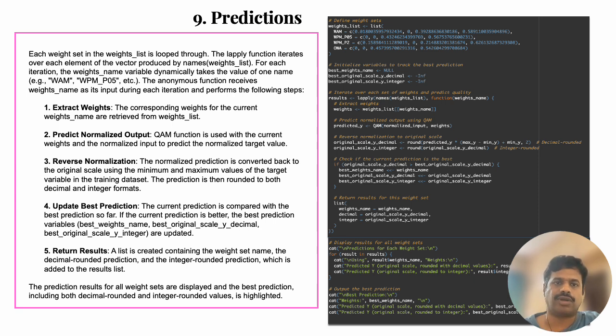For the predicted normalized output, again we do reverse normalization to get the original scale of the quality, and then we finally print the best model with its weights, the best model's weight name, and the decimal and integer values of that quality.